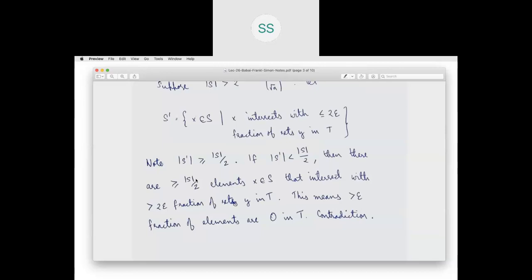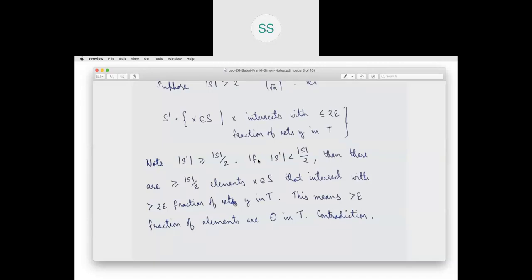But that's a contradiction to what we started with. We said that there are at most epsilon fraction of elements in R that are 0 entries. But now there are strictly greater than epsilon fraction, which is a contradiction.